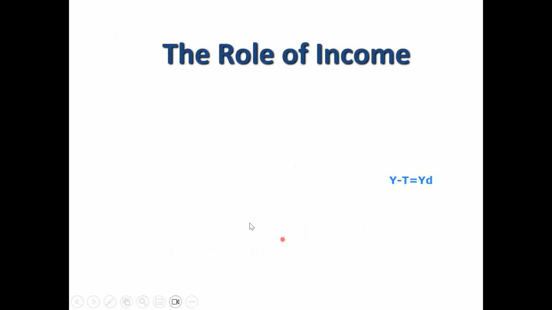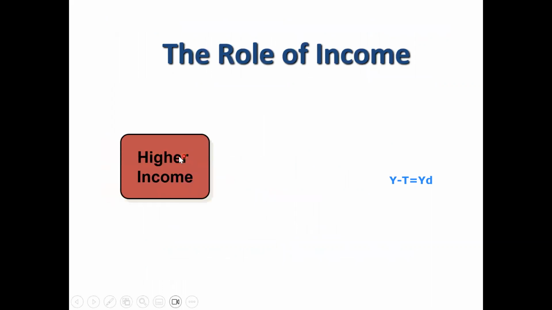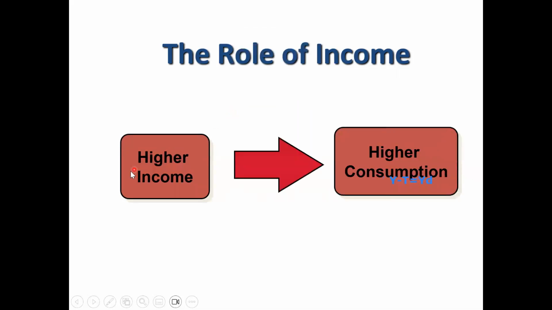So we have the role of income, which means that if we have higher income, this will lead to higher consumption. The higher the income, the higher the consumption. Here we have two variables. The first is the independent variable, here higher income.